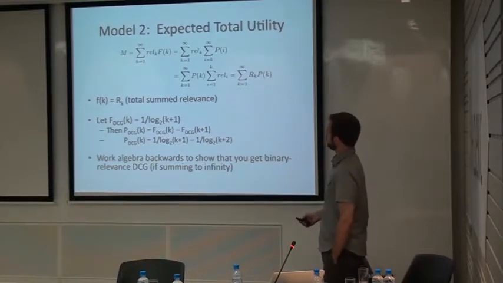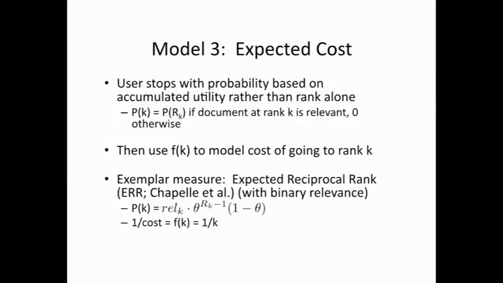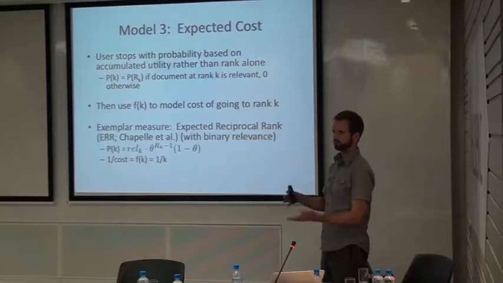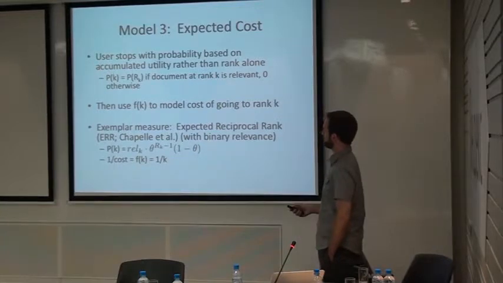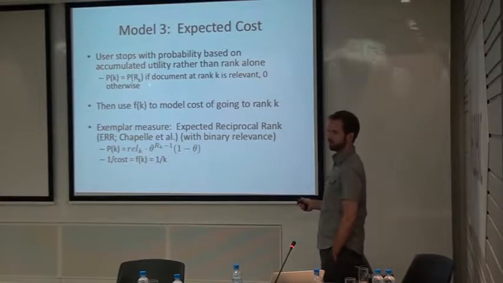If a user is going to stop at rank 1, that means they saw the document at rank 1, and that's all they saw. They didn't see any of the other documents. If the user stops at rank 2, then they saw the document at rank 1, they saw the document at rank 2, and they didn't see any other documents. If they stop at rank 10, they saw all the documents from ranks 1 to 10, but they didn't see anything after those.